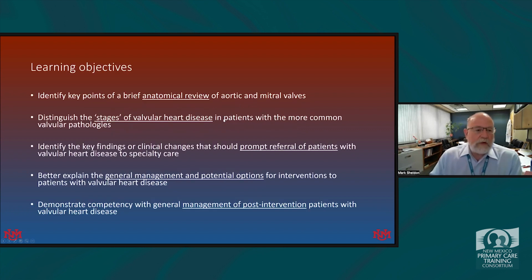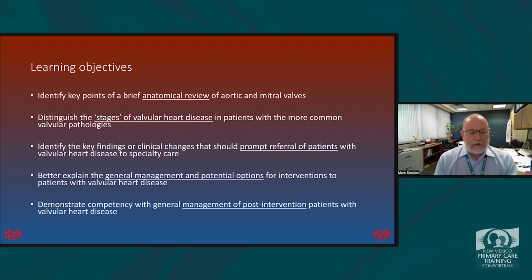I'm going to get started. I do have a slide with some brief learning objectives. I think you may have already seen these. I edited them a little bit. What I'd like for you to all be able to do is identify some key points about the anatomical differences of the aortic and mitral valves. I'd like you to distinguish the stages of valvular heart disease as put forward in our society's guidelines, which track how to deal with those patients.